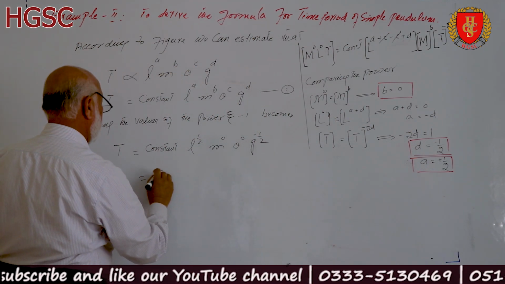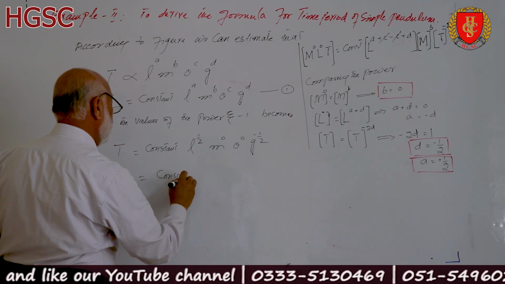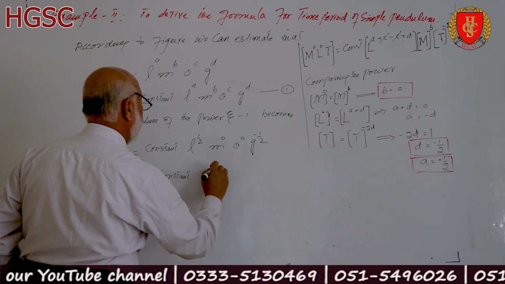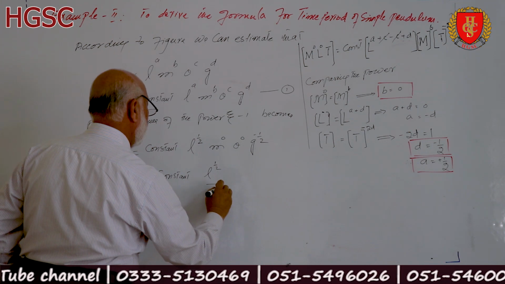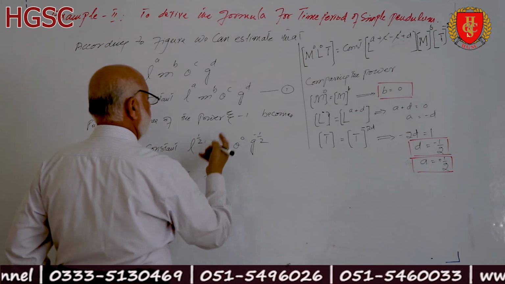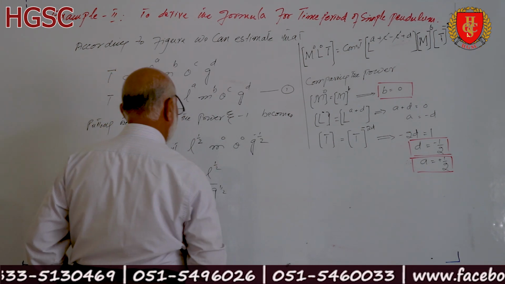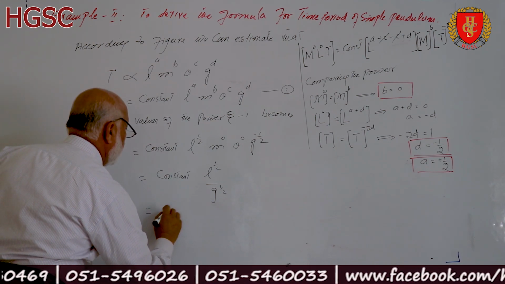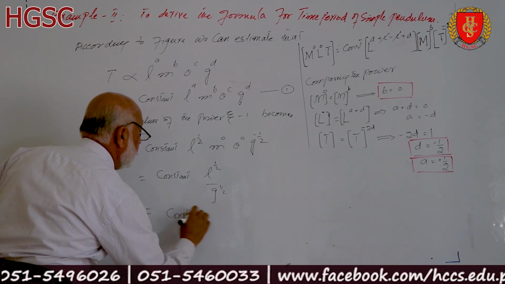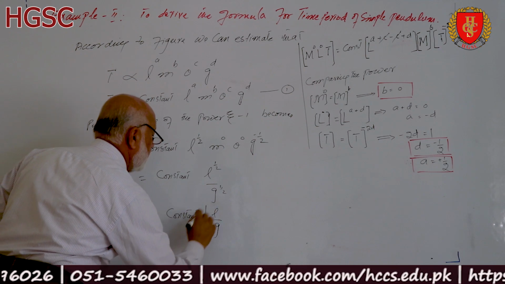So this can be written as constant L 1 by 2, g minus 1 by 2, m0 theta 0 meaningless, and this is constant square root of L upon g.